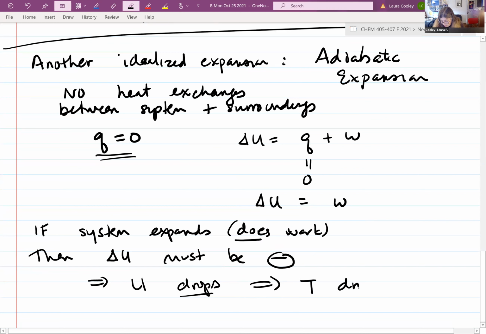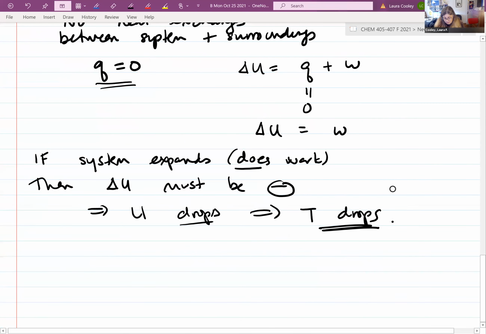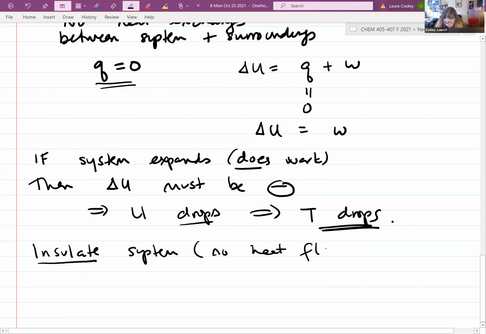It means the temperature drops. Okay, so in an adiabatic expansion, basically we put insulation around the system. So there's no heat flow. Any work that's done is at the expense of the system's internal energy.